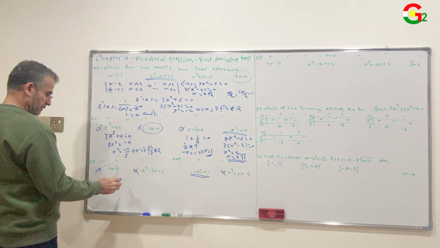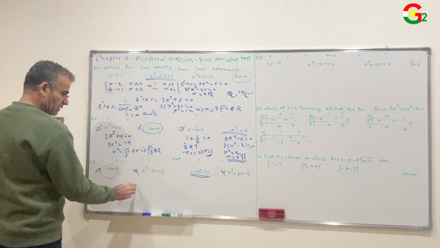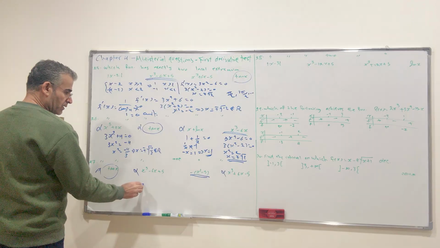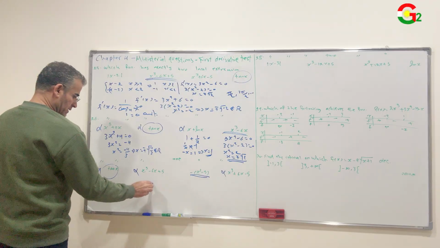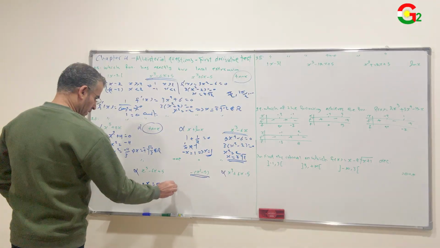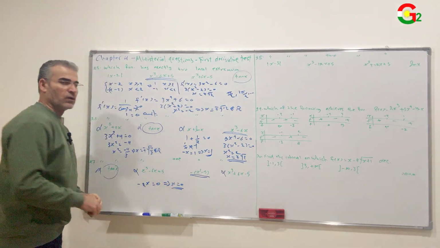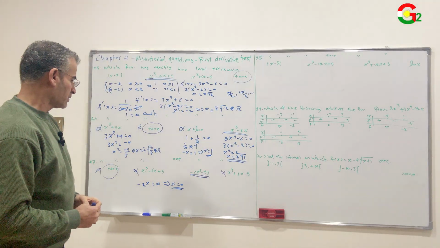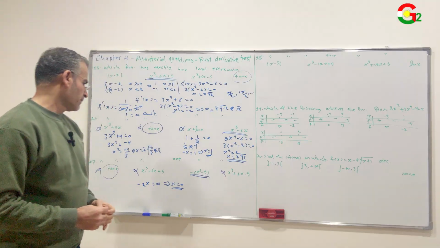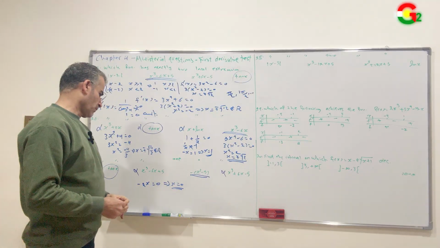Let us check it. The derivative of this function is negative 2x. Set it equal to 0. Then x equals 0 is a critical point for this function, and it is a local extremum.